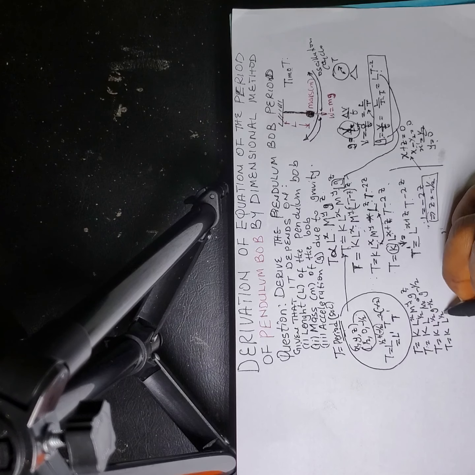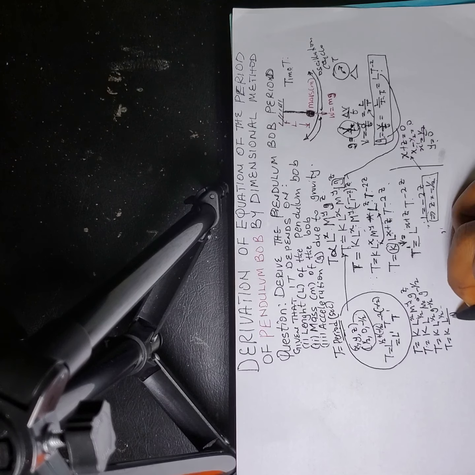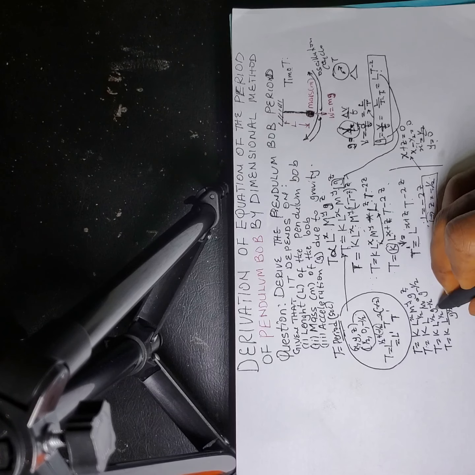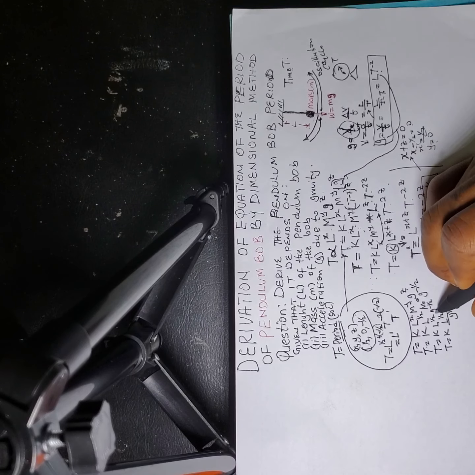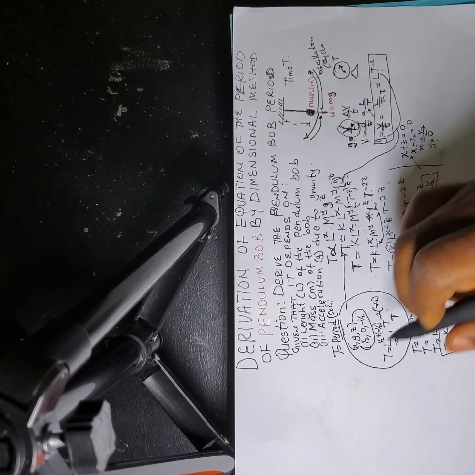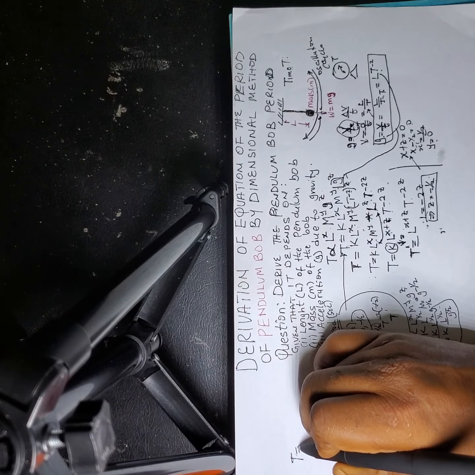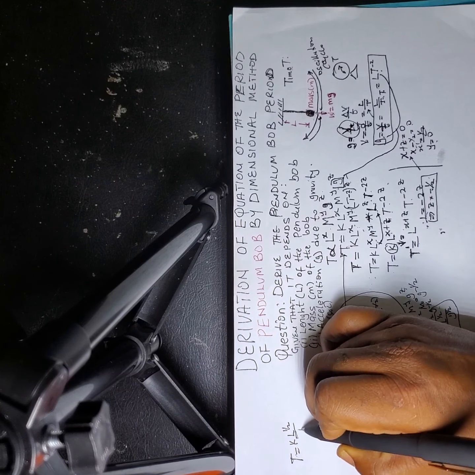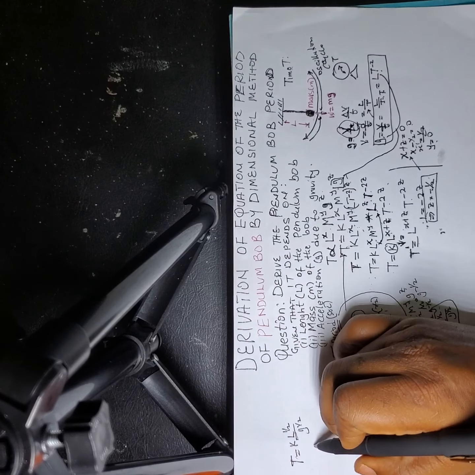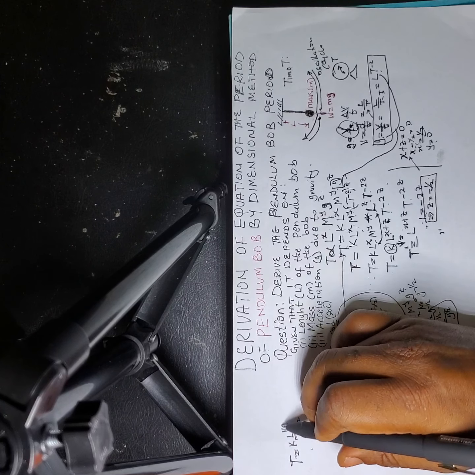So now the period T is equal to k L raised to power half, and g raised to power minus half. Let me put everything here for us to see. T is equal to k L raised to power half, over g raised to power half. In law of indices, power of half means square root.